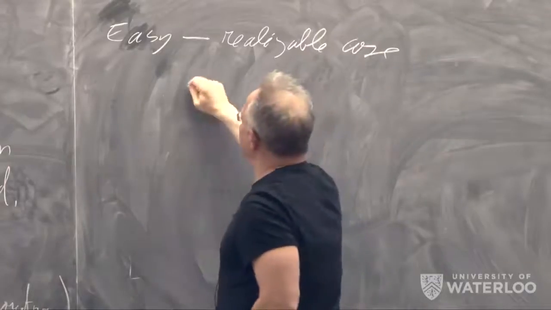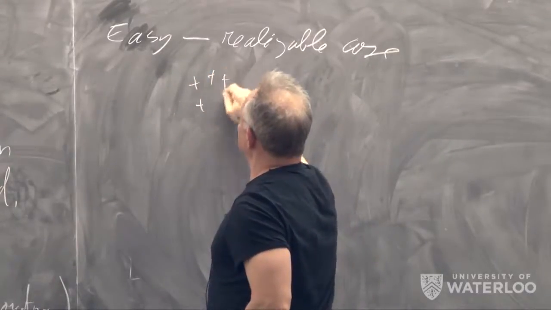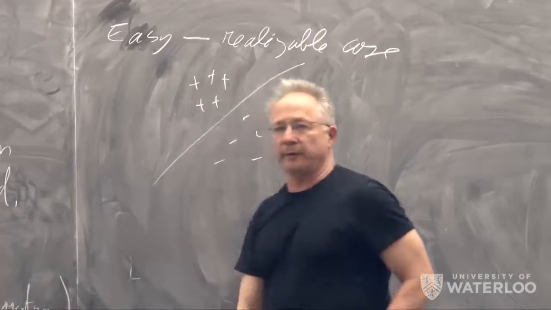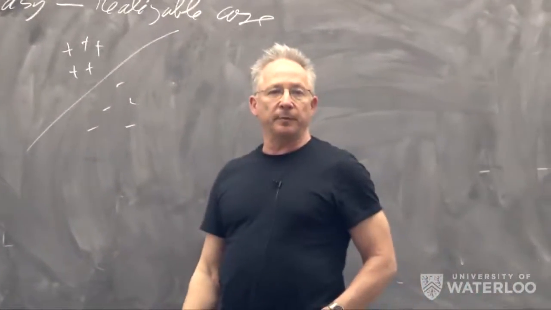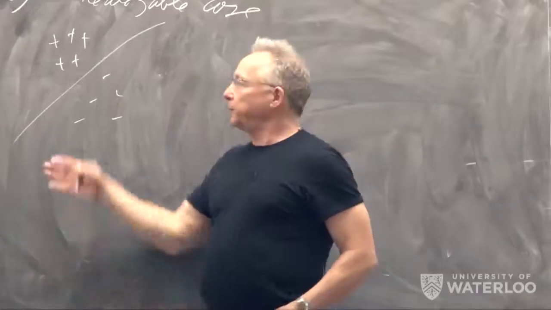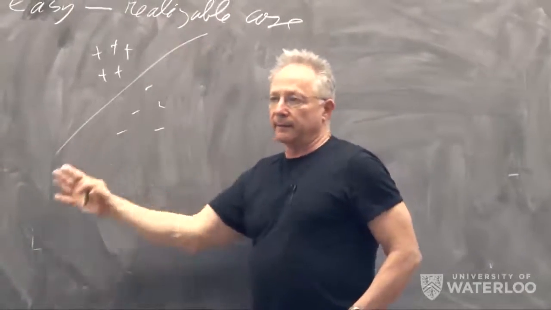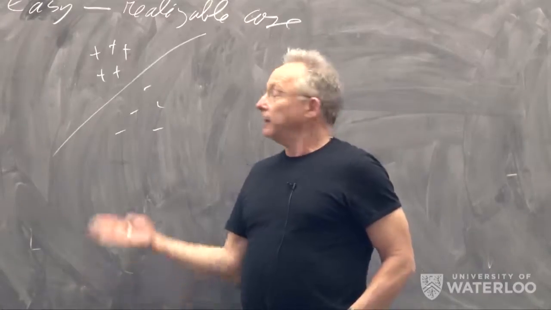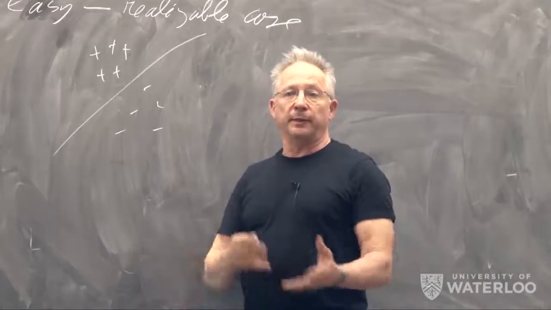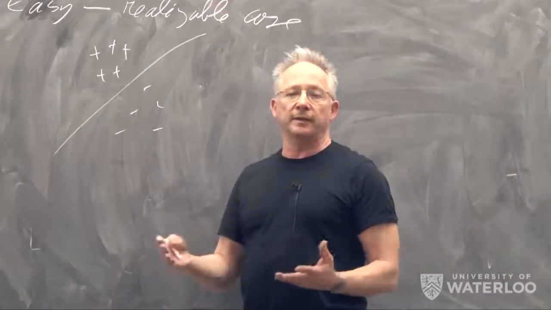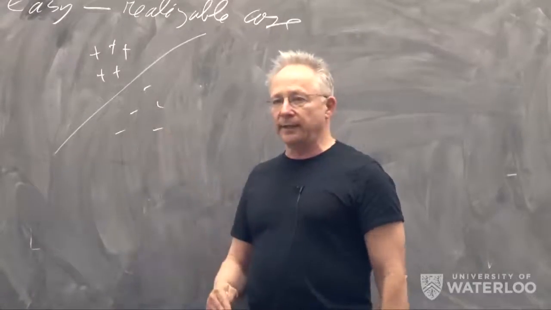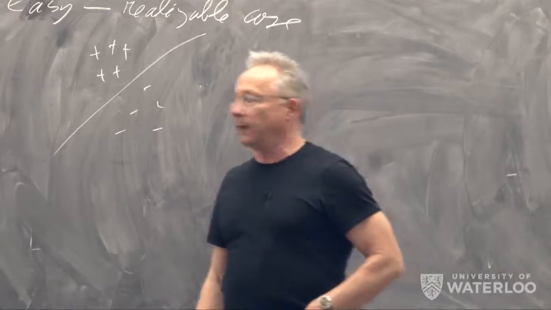So if the data is such that you have the positive points and you have the negative points nicely separated, nicely separable by a linear separator, then it is relatively easy to find such a linear separator. But as we said, you remember that we had this example that we showed that most of the partitions, a huge majority of the partitions, are not realizable. If it's not realizable, the problem becomes NP-hard.